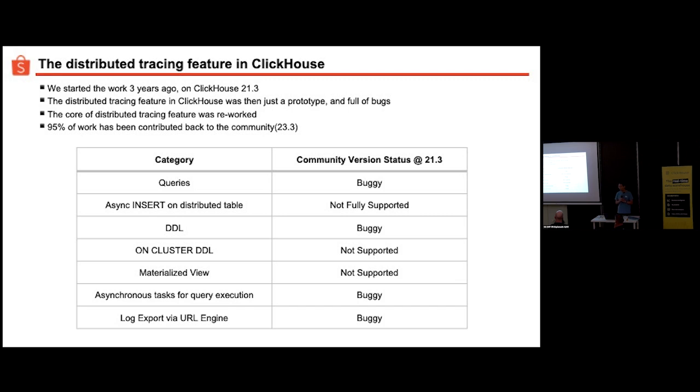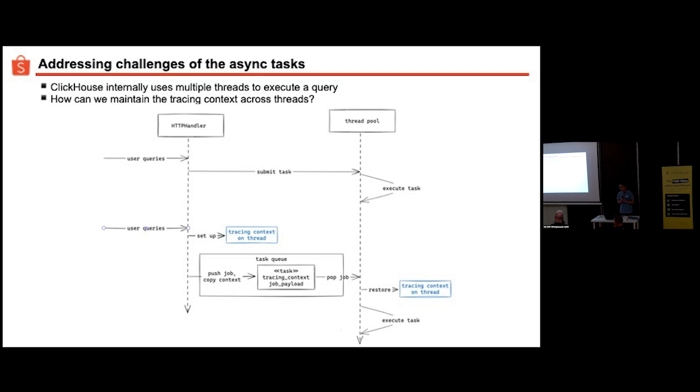All the work that we have done has been contributed back to the community. I think you can benefit from this feature from the open source community. As I said before, the main challenge in ClickHouse is to make sure the tracing context is correctly propagated across threads and across ClickHouse nodes.